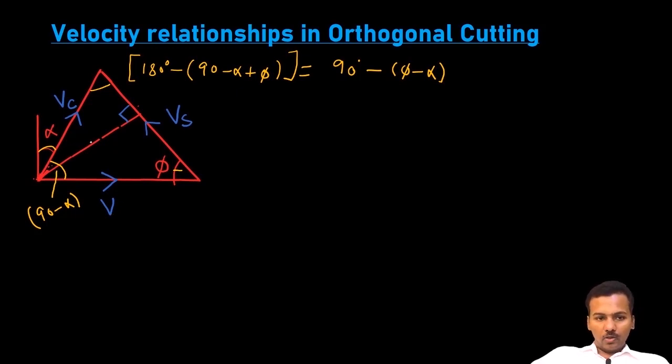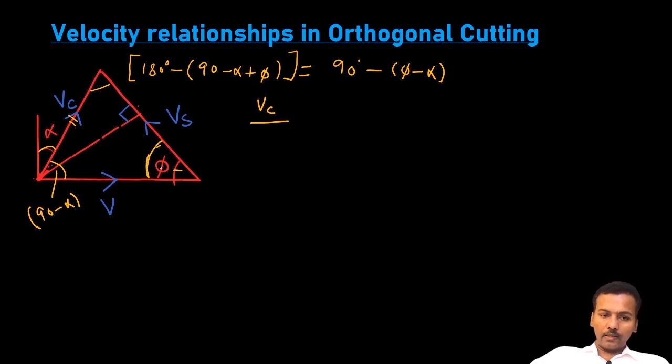Now this Vc will be written in terms of V, Vs will also be written in terms of V. So Vc divided by sine of the angle in front of this limb of this triangle. Now in front of this the angle is this one.